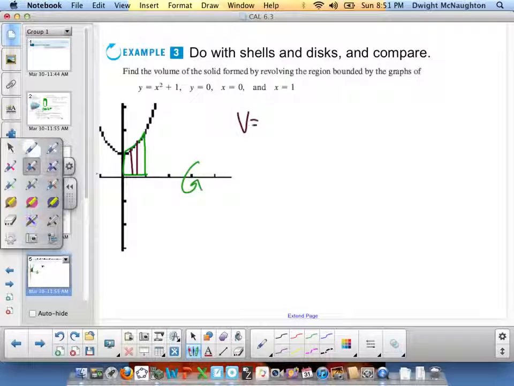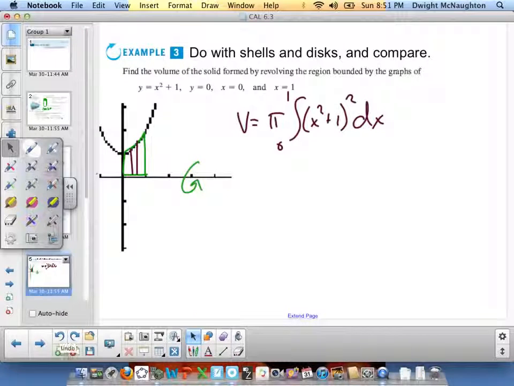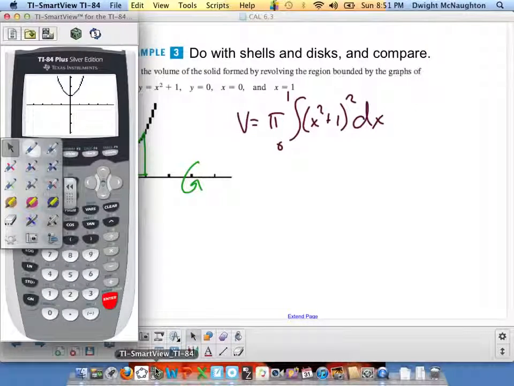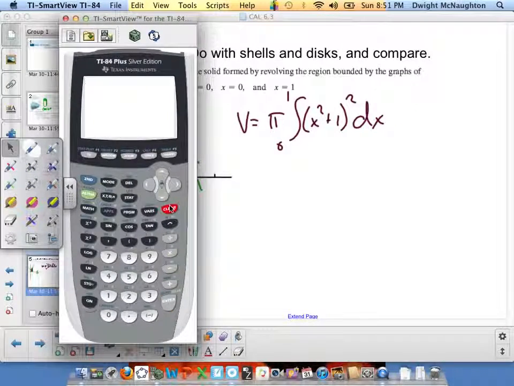So we'll go volume equals pi r squared from 0 to 1, where the radius is x squared plus 1, squared, with respect to x. We'll go setup and calculate. So math 9 from 0 to 1 of x squared plus 1 squared with respect to x.